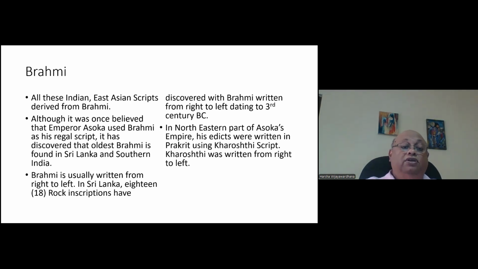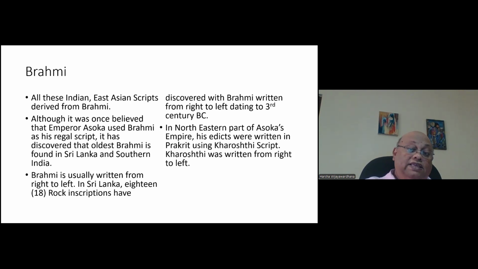Normally, the majority of what we write right now, Sinhala also, we write from left to right. Roughly 17 or 18 inscriptions we have discovered are Brahmi written from right to left, dating from the 3rd century BC.